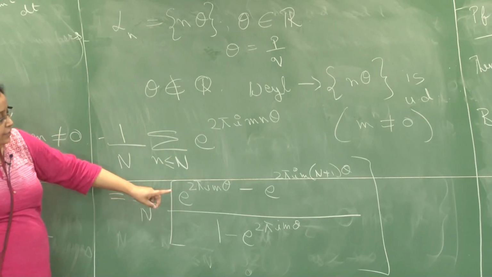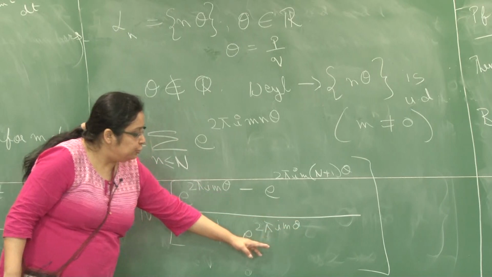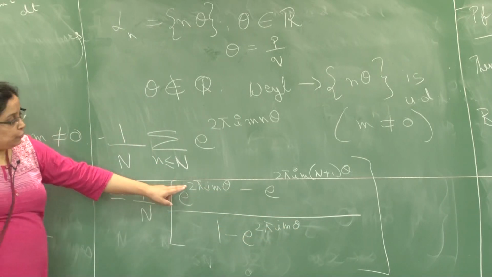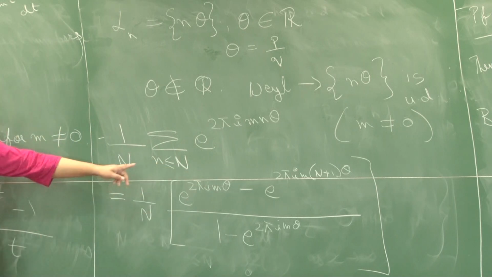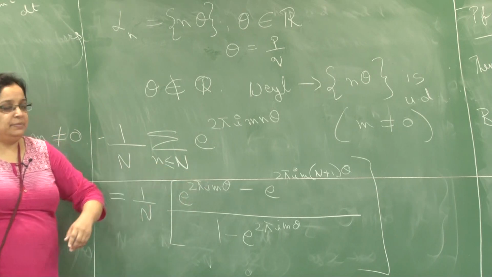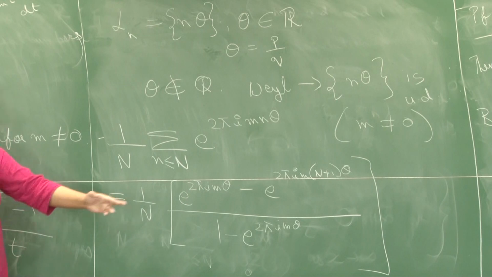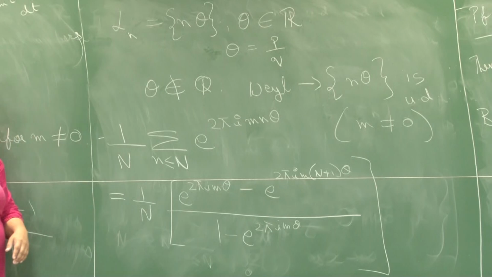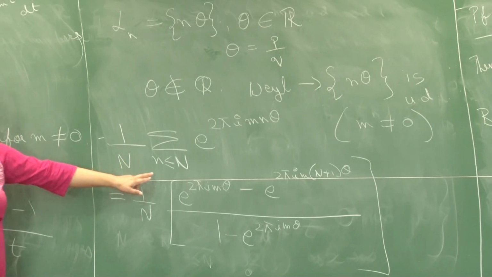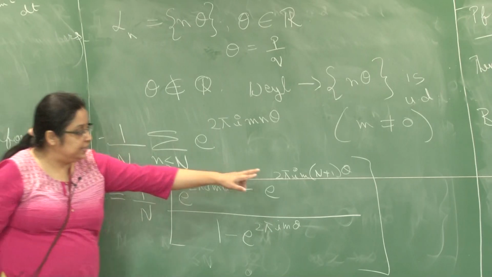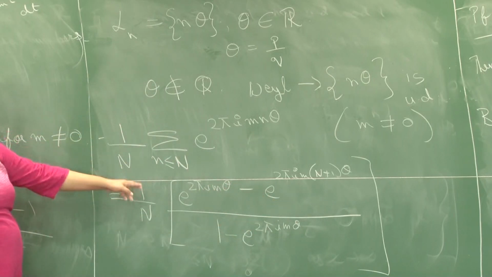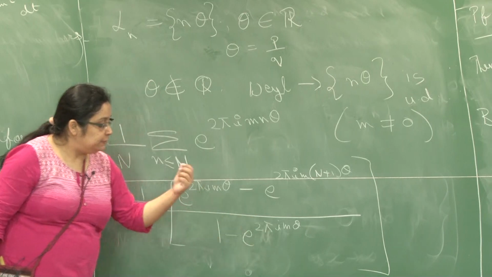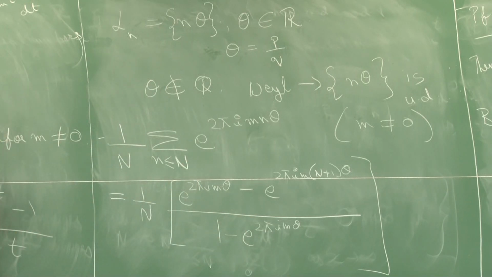You have the absolute value of a non-zero complex number which is fixed, you do not worry about that. What about the numerator? The absolute value of e to the 2 pi i m theta is at most 1, the absolute value of e to the 2 pi i m (N plus 1) theta is also at most 1. Okay. So, the absolute value of this number here is less than or equal to 2 over the absolute value of a fixed non-zero complex number.